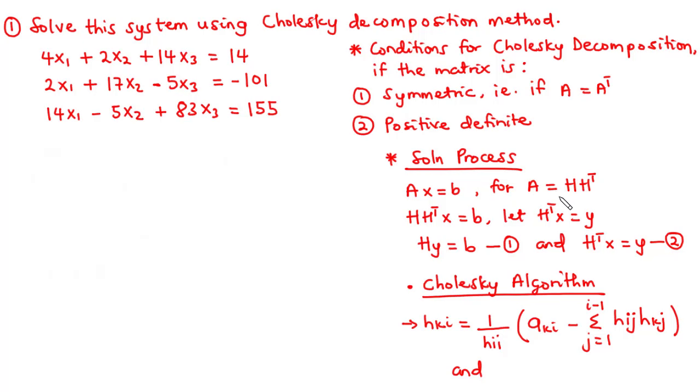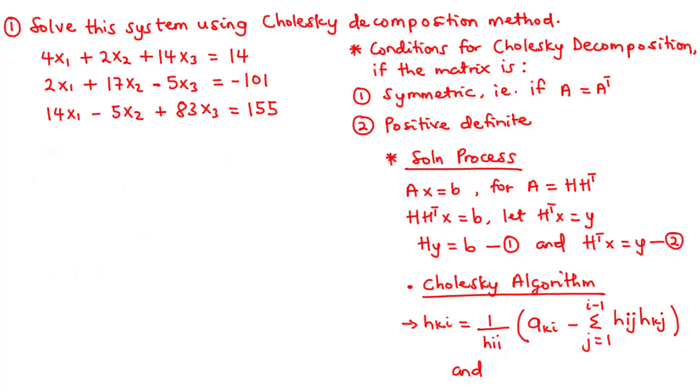That is, A is equal to H times H^T, where A is said to be the coefficient matrix, H is the lower triangular matrix with positive diagonal entries, and then H^T is basically the transpose of H. Now, from the definition of Cholesky decomposition, the decomposition is made possible if and only if the following two conditions are satisfied.